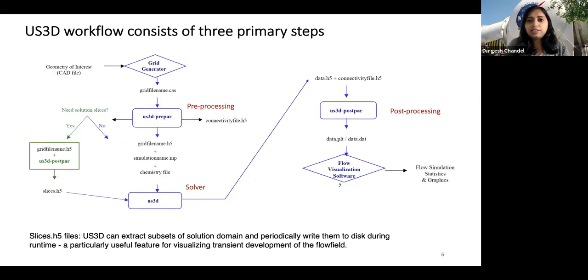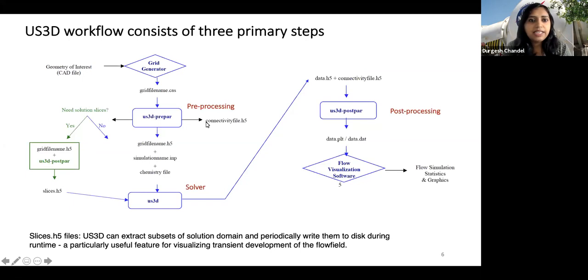So I will just show a snapshot of the US3D workflow. We mainly have three primary steps. First is the grid generation. Basically you can use any commercially available grid generator such as Pointwise, Gridgen, etc., and then the input file should be in Fluent format.